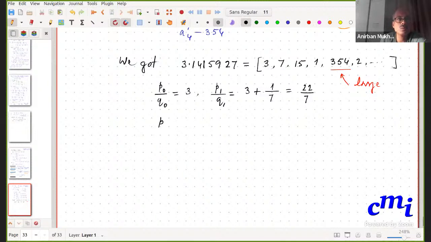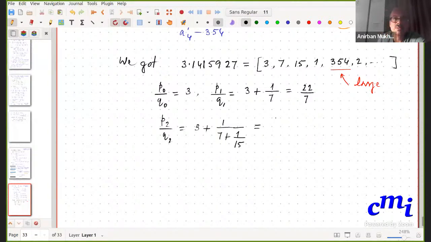So P2 by Q2 is 3 plus 1 over 7 plus 1 over 15. This is what I have already calculated.